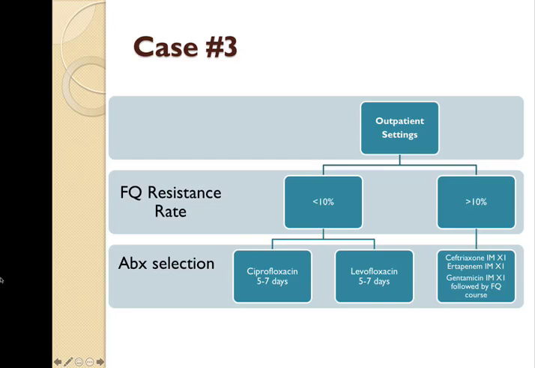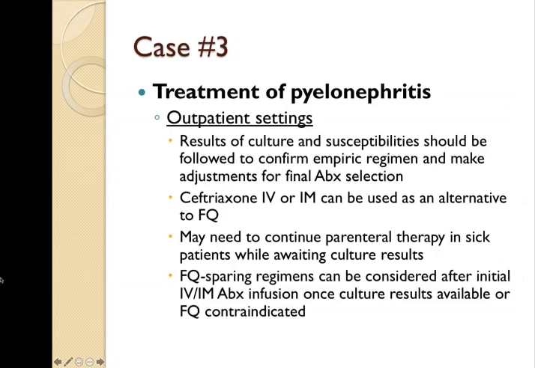Alternatively, if fluoroquinolone is contraindicated or there is an intolerance, potentially other antibiotics can be considered once the patient receives the IV infusion on the first day. So that's for the outpatient setting specifically.